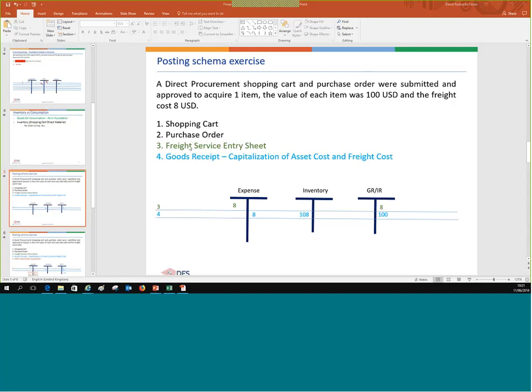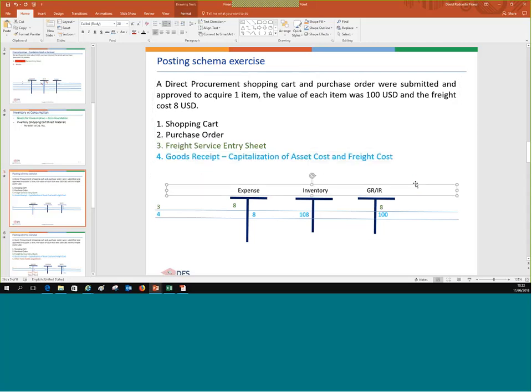We are acquiring this item, so we process the service entry sheet, and we have $8 that went to the expense account for the freight services. Now, at the moment of the goods receipt, this is a big difference compared to what you learned before in the LP Academy.